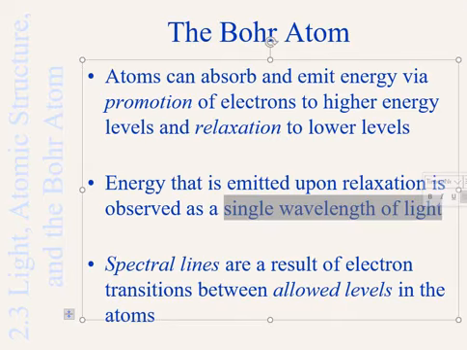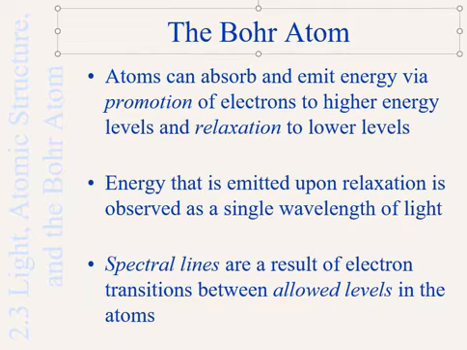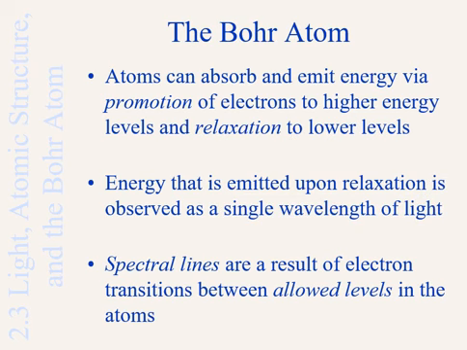So, why do electrons absorb energy and then release energy? Well, the exact structure in which electrons are found in the atom around the nucleus allows them to have different levels of energy.